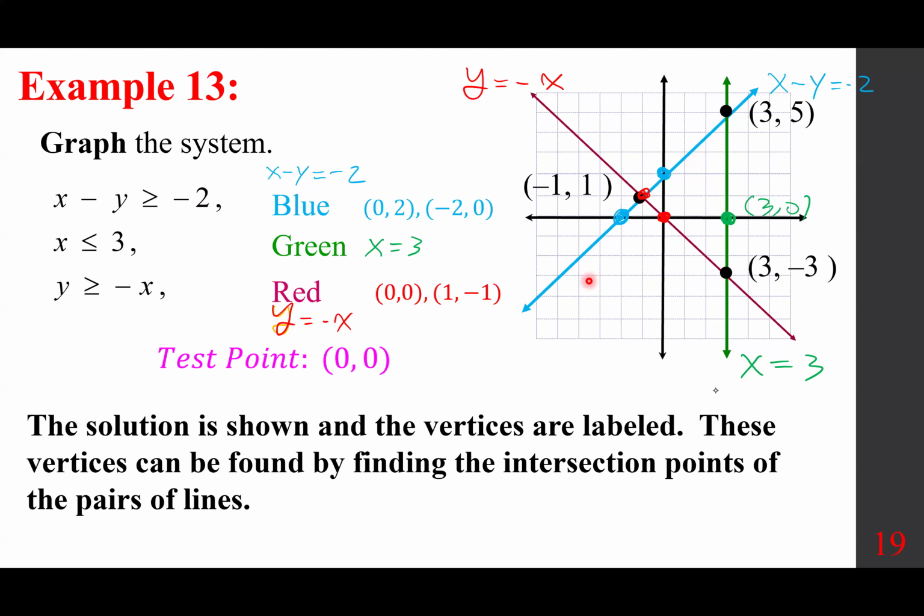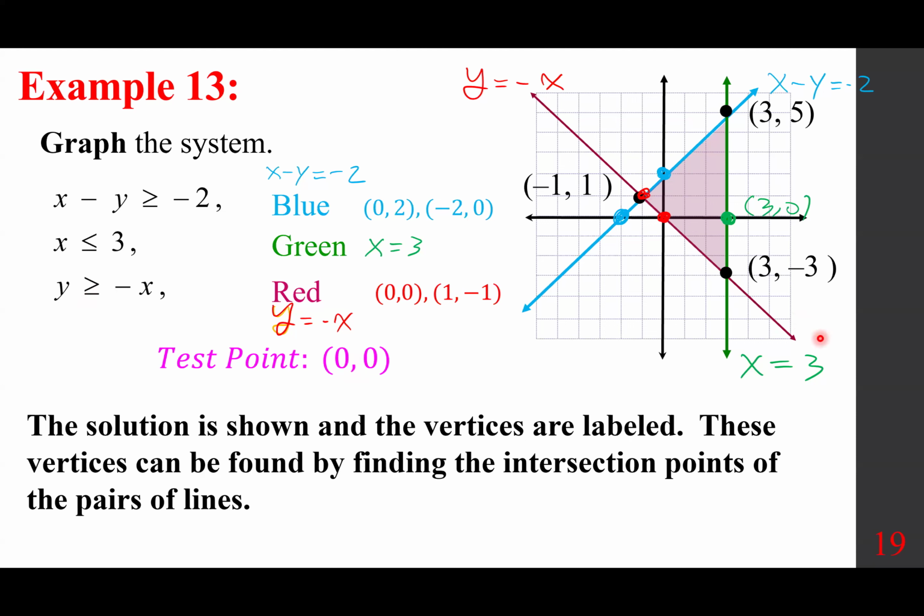So it gives you this side. So you can try the green one. Obviously, x is less than or equal to 3 is this way, and y is larger than or equal to minus x. You cannot use 0, 0 because 0, 0 is part of the graph.